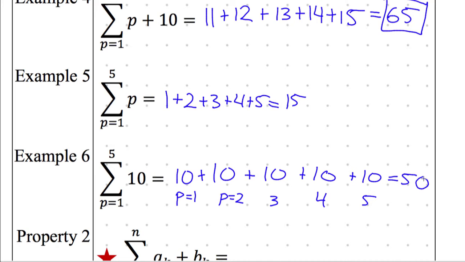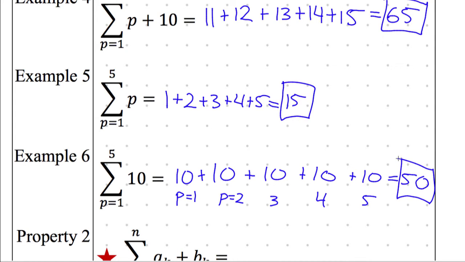What do you notice between example 4, 5, and 6? So 4 is adding 10. Like 5 is just P. 6 is just 10. Yeah, it's like 5 and 6 were separating example 4 into 2 different problems.